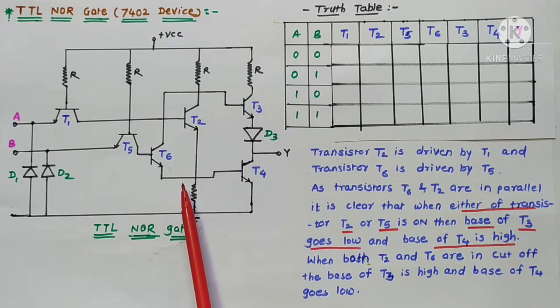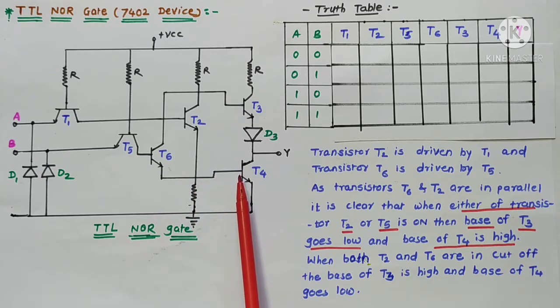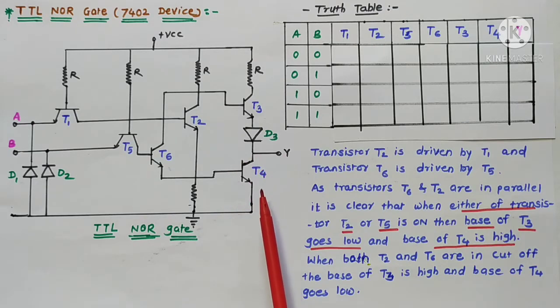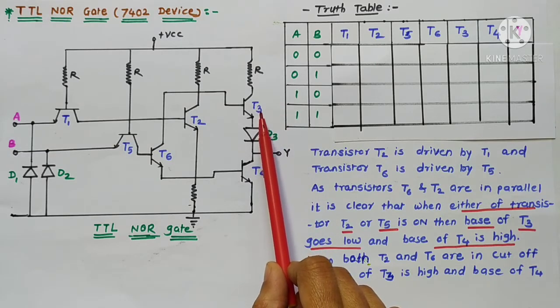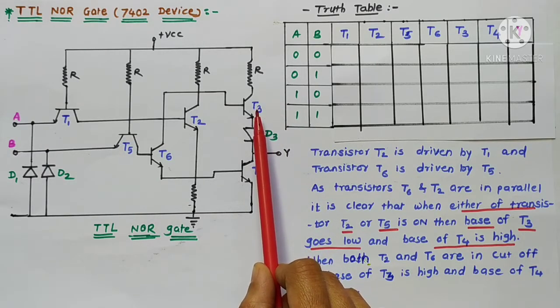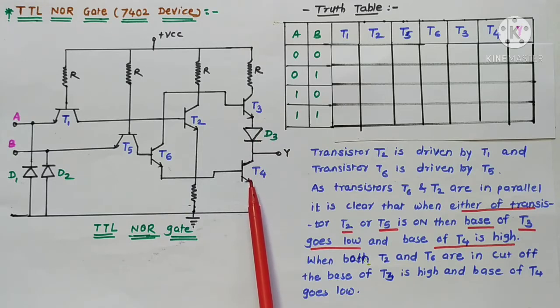This lower emitter potential is given to the base of transistor T4. Therefore, transistor T4 goes into cutoff. Okay, students? Or we can say that if transistor T3 switches on, transistor T4 switches off, or vice versa.